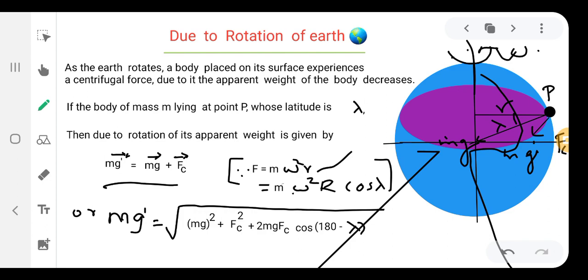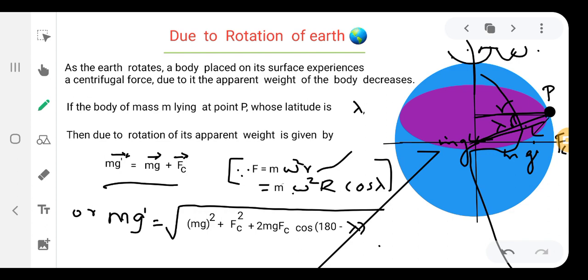Therefore m g dash equals root of mg square plus Fc square plus 2 mg Fc cos of 180 minus lambda. Here you see lambda is this, and R is the radius, so it makes a certain angle lambda.